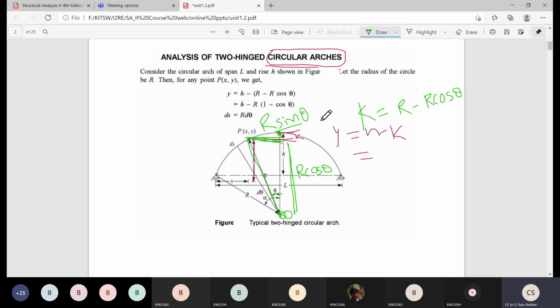That's why the horizontal component is r sin theta and the vertical component is r cos theta. So k is the distance between these 2 points, k is equal to R minus r cos theta.